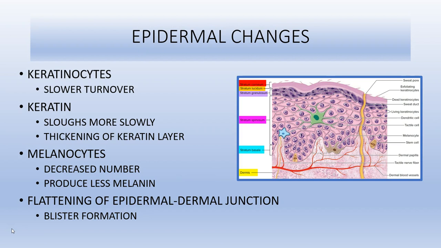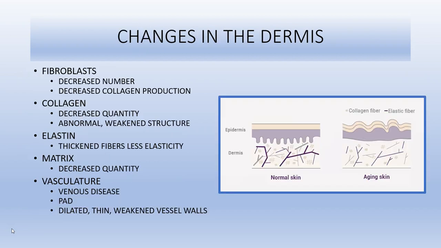The melanocytes present in the skin decrease in number and produce less melanin, and we have a flattening of the epidermal-dermal junction, resulting in an increased propensity to develop blisters in the aging patient.